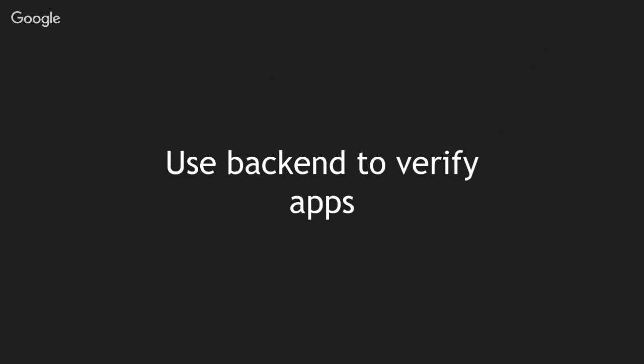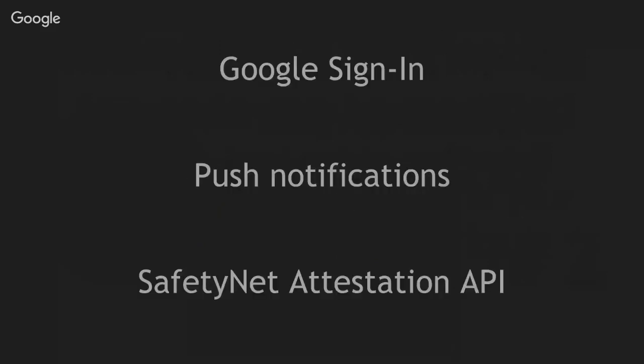It can be like our own backend server, or it can be a Google backend. And I will show you three solutions. First would be Google sign-in. Second would be push notifications. And the third one would be safety net. So let's start with the first one.